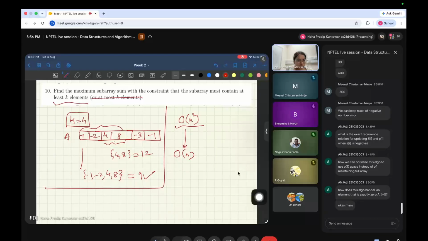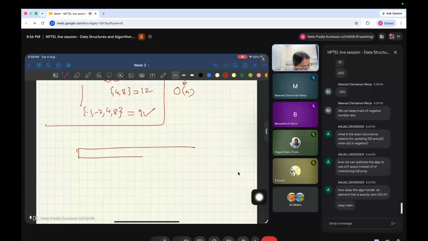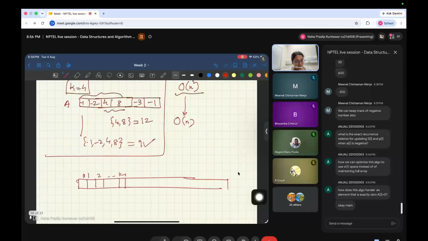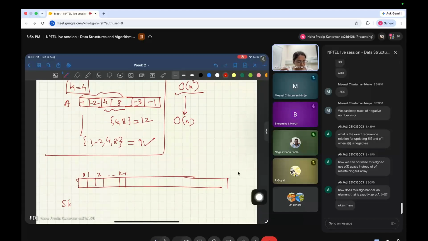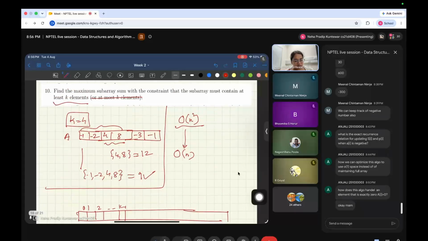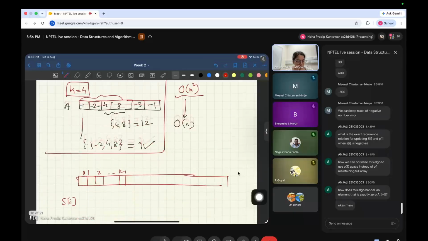Okay, so one obvious thing is that, let's say your array is indexed up to k minus 1. Again, let me say that S of i denotes the maximum sum of a subarray, but with the constraint that it contains at least k elements.